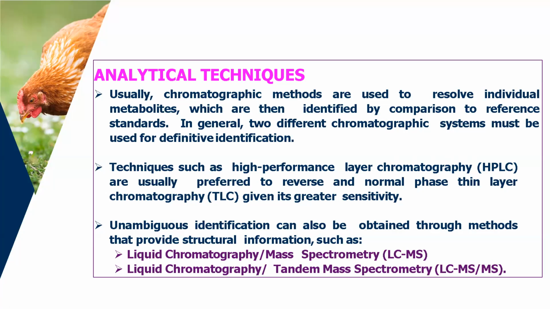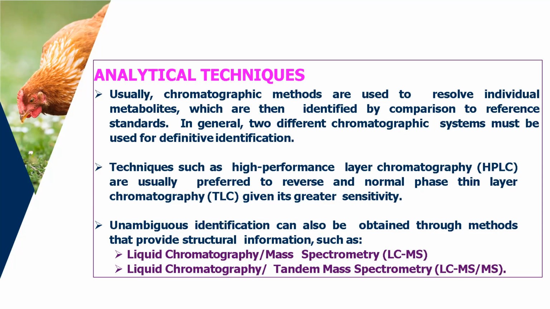But unambiguous identification cannot be obtained through methods other than those that provide structural information, such as LCMS, or liquid chromatography mass spectrometry, and liquid chromatography tandem mass spectrometry, that's LCMS/MS.